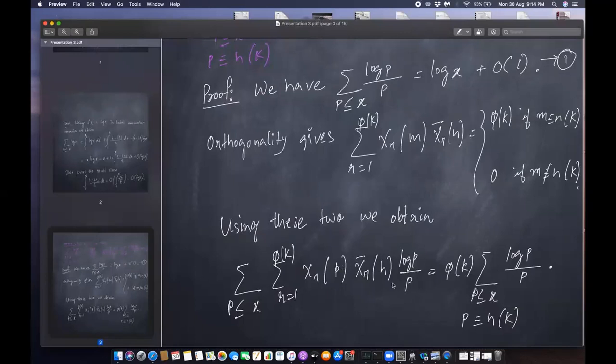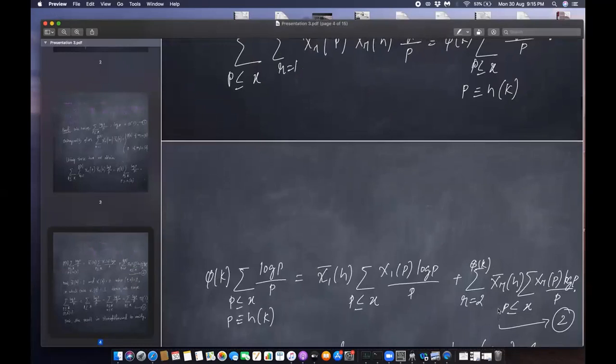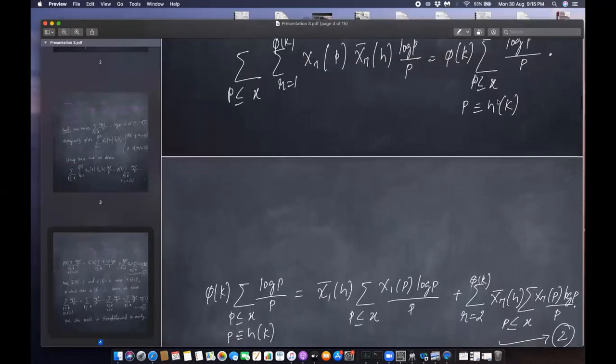So we are getting exactly the same here. We have phi of k, and then we have log p by p, which will remain as a constant. And we have all such primes p congruent to h modulo k. So from this we obtain phi of k times the sum of log p by p over the primes congruent to h modulo k.